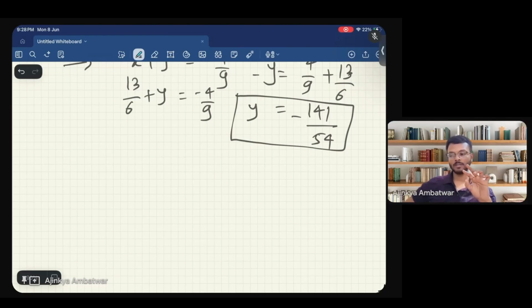If I take the difference of any two rational numbers, is the answer always a rational number or not? Is it always rational or not? It has to be. Why?